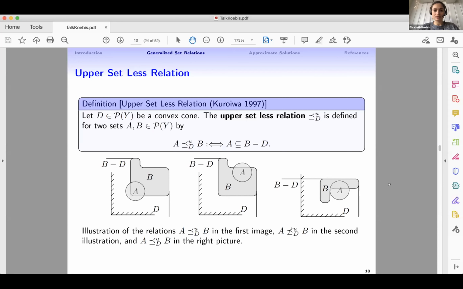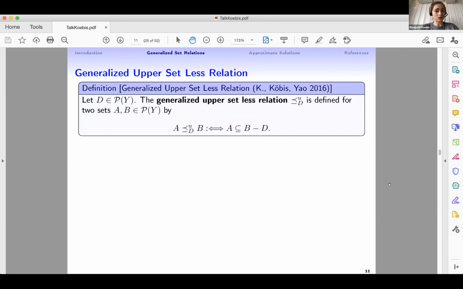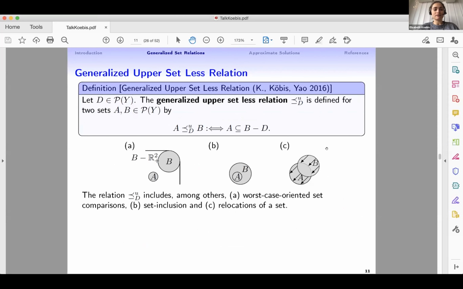So now what we've done is we have generalized this definition, and now we assume that D is not necessarily a convex cone anymore, but just a non-empty set. And then we define the set relation in the same way as before. And the advantage that we get here is that we can use D as the natural ordering cone in R2 again, so we get the same definition as before.